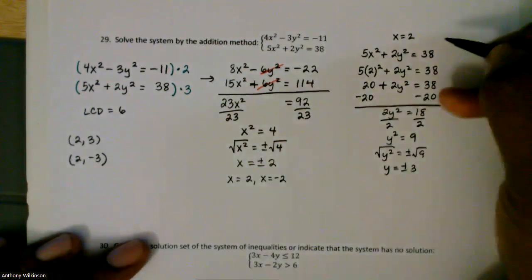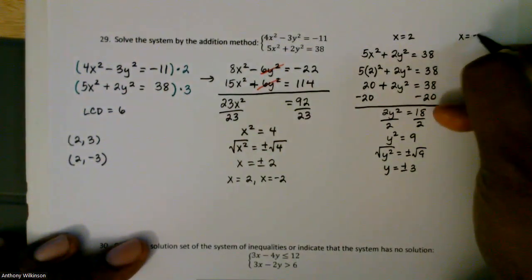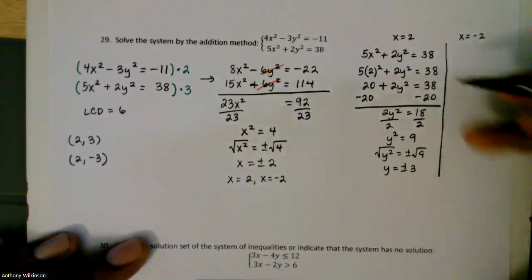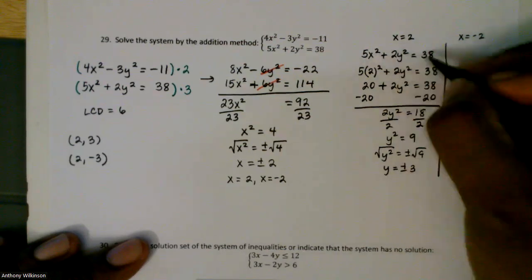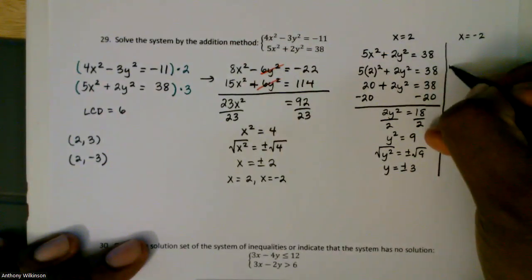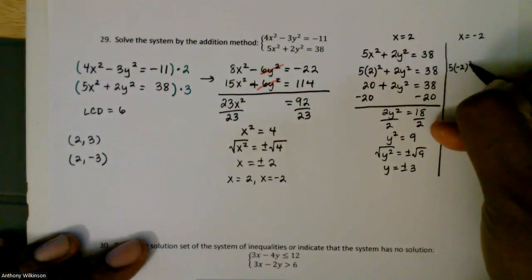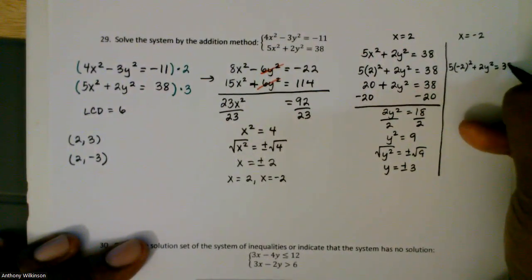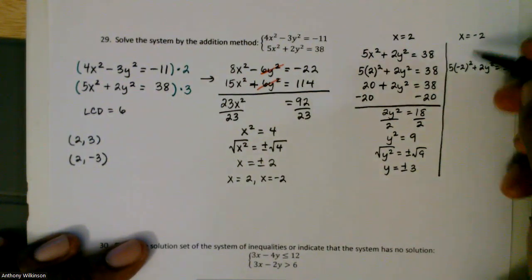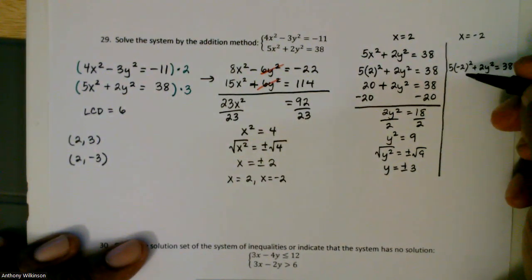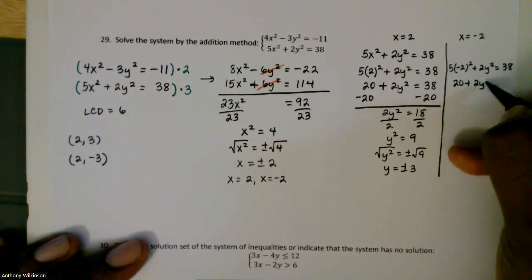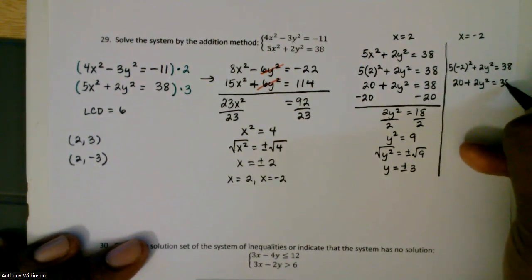Now let's try x equal negative 2. Okay, x equal negative 2. So here I'm going to use the same equation, but I'm going to do 5 times negative 2 squared plus 2y squared equals 38. Now when I square negative 2, that's negative 2 times negative 2, which is 4, times the 5 in front, that's going to be 20. And you're going to see you're going to get the same answer.